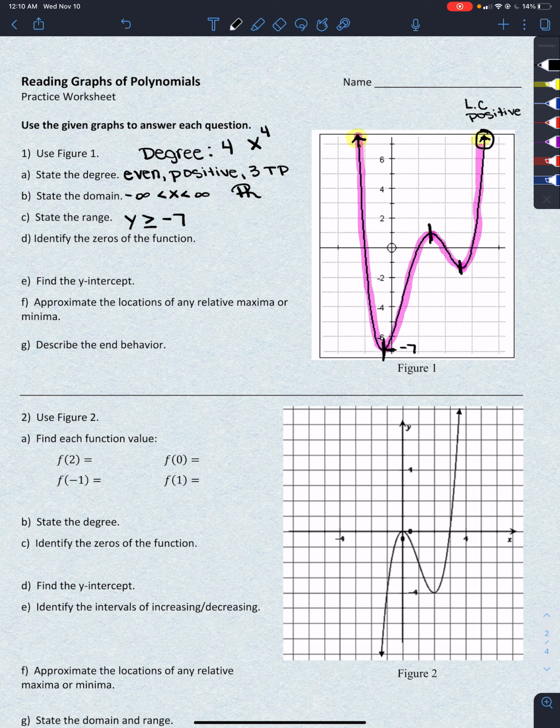Identify the zeros. The zeros, we've talked about that before. Zeros are the x-intercepts. So where does this graph cross the x-axis? And there could be more than one. So here it crosses the x-axis, and that point there is at -1, 0.